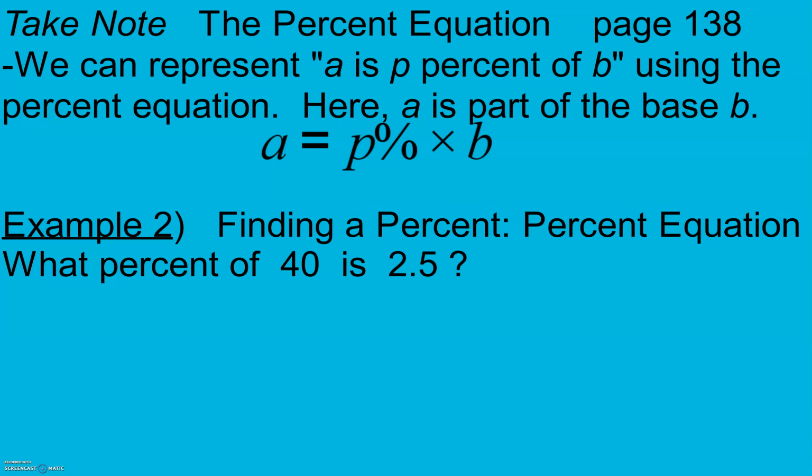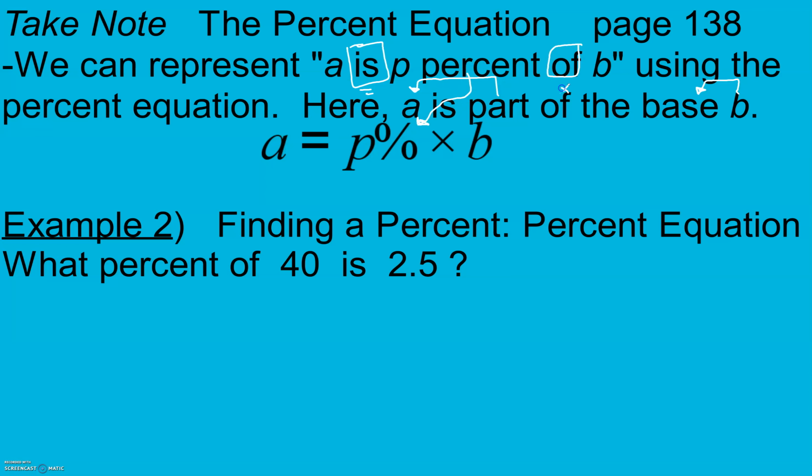Take note on 138, here's our percent equation. We can represent A is P percent of B using the percent equation. Here, A is part of our base B. So again, A is the part, and B is our base. A is means equals, P percent is just our symbol here.